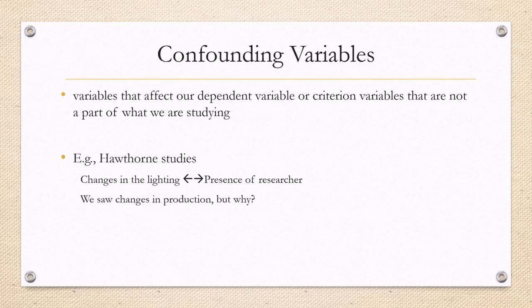We also can have conditions in which we have changes in the lighting without the researcher and changes in the lighting with the researcher. We will talk about experimental design here in just a moment, but we would randomly assign people to all of these conditions.